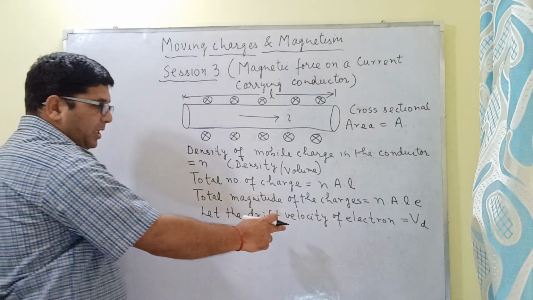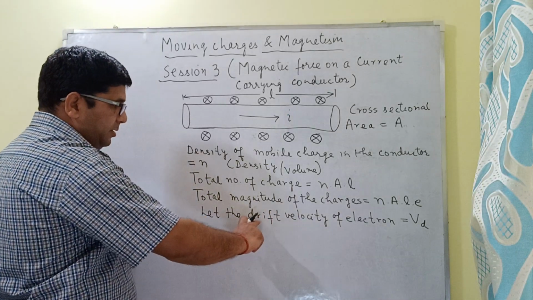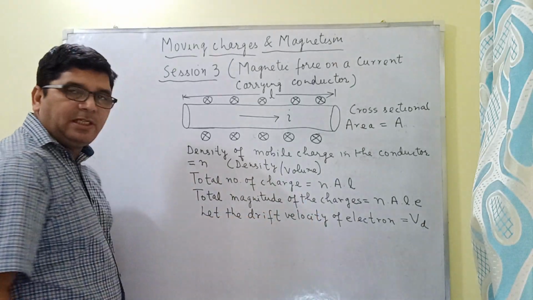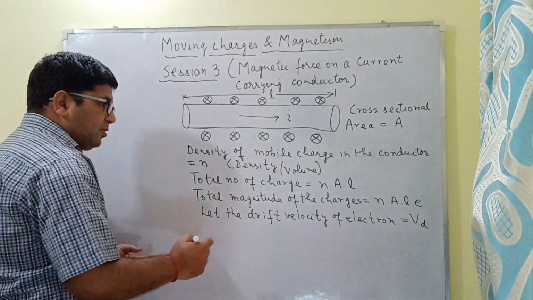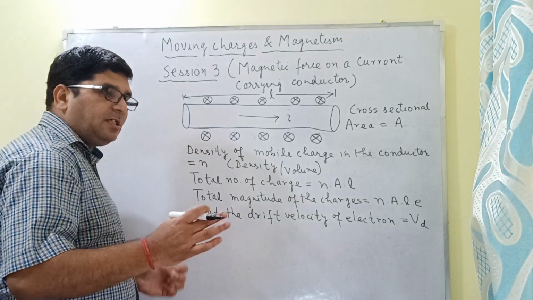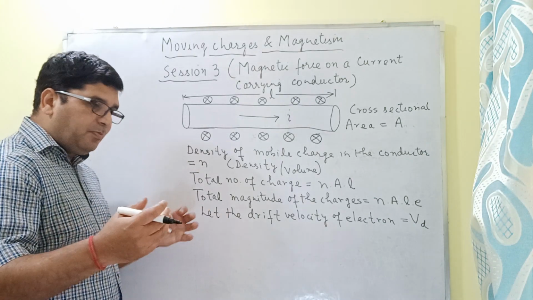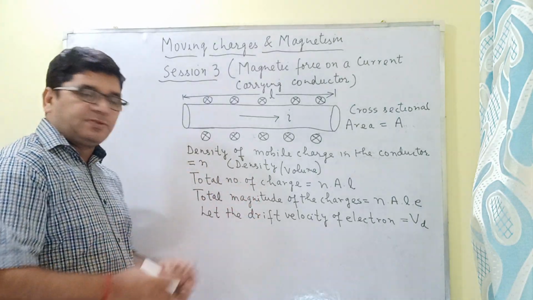So वहाँ पर हमने ये पढ़ा था. The symbol of this drift velocity of an electron is Vd. So Vd is what? It is basically the average velocity of an electron between two successive collisions.